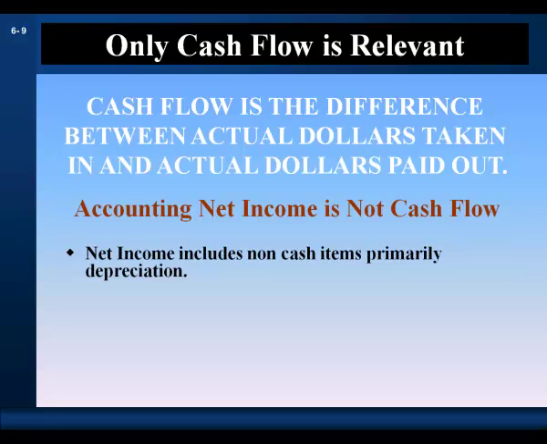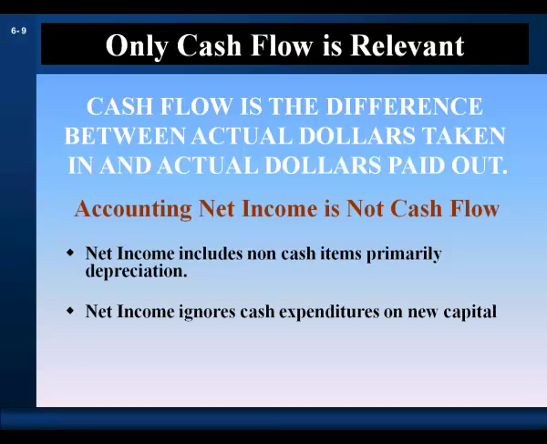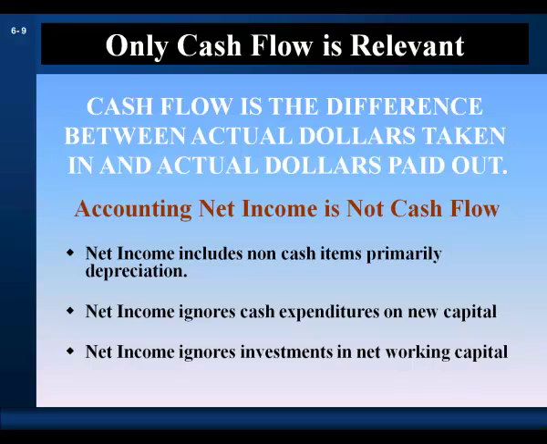Net income includes non-cash items, primarily depreciation. Net income ignores cash expenditures on new capital. Capital expenditures are not expensed when they occur in time. Accountants expense capital expenditures over time as depreciation. And net income ignores investments in net working capital.